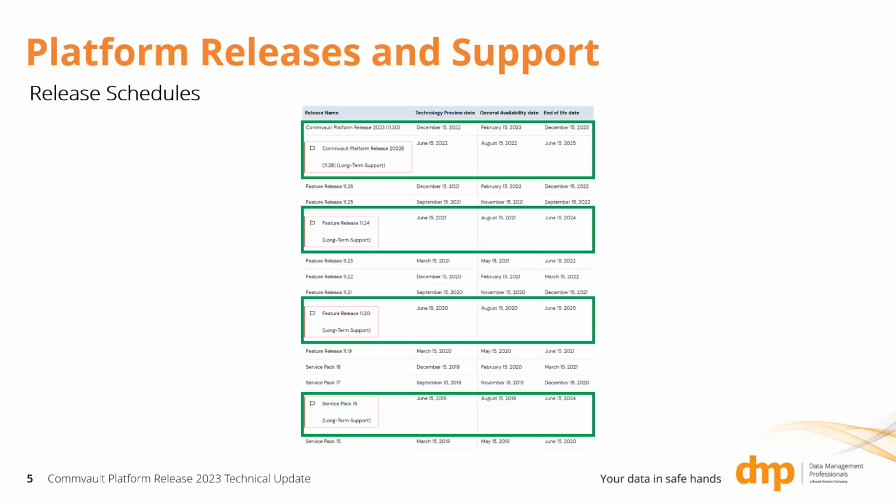So from 24, only the extended support releases are supported for 3 years. Make sure that you're on one of those feature releases to be on a supported level, not one of them in between like SP18 or Feature Release 11.19, because there will not be any support by Commvault for those releases. So make sure that you check your environment, and if you need to update to another release, do that to keep support.